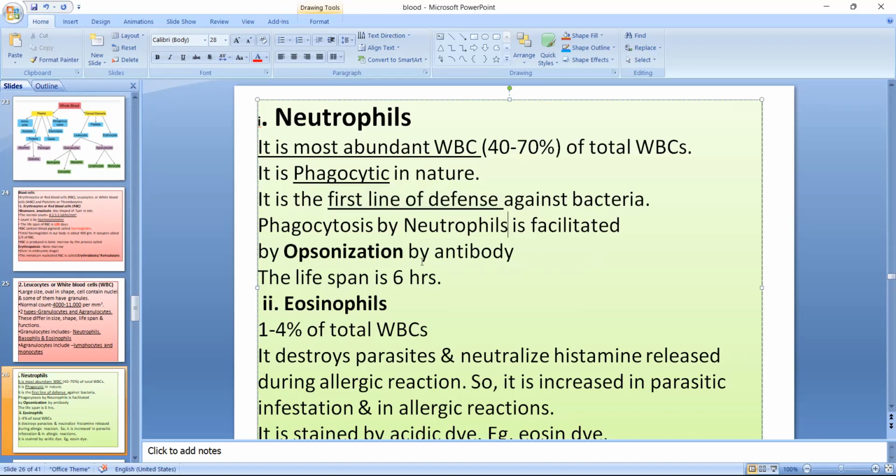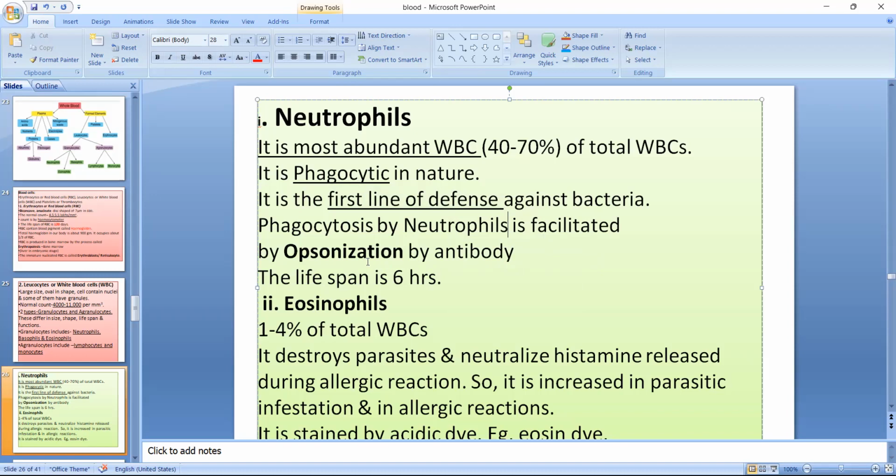Phagocytosis by neutrophils is facilitated by opsonation. I told you in the immunology. Whenever a microbe is attacked by the antibodies, the antibodies cannot kill the microbe, they just immobilize.